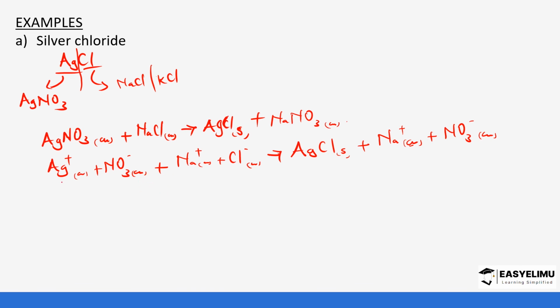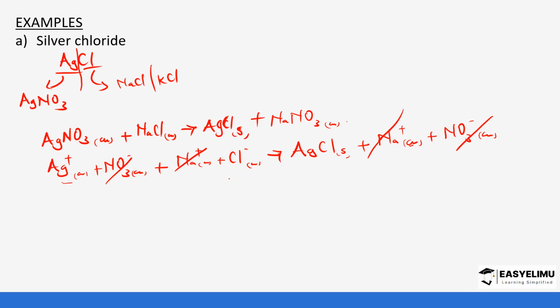Silver on this side is in aqueous state, on this side it is in solid state, so we do not touch it. Nitrate is in aqueous state in the reactant and aqueous state in the product, so we can cancel this. And then sodium is aqueous state in the reactant and it is aqueous state in the product, so we cancel it, it's the same.